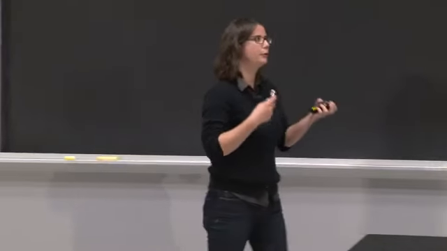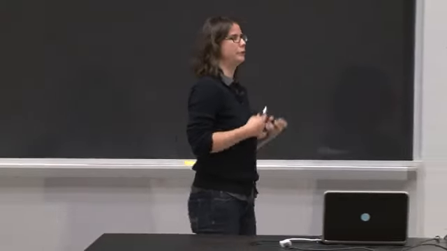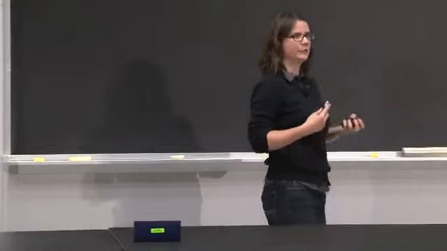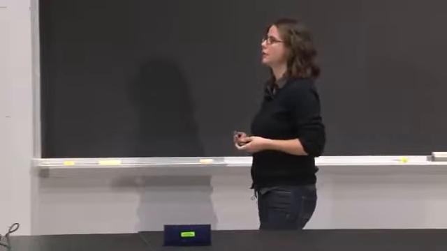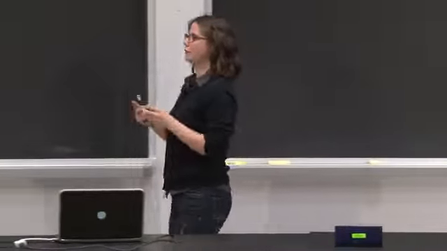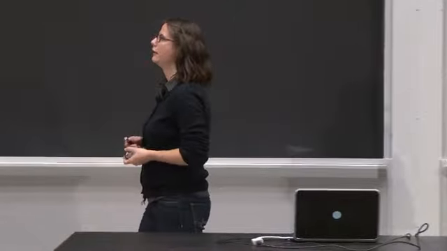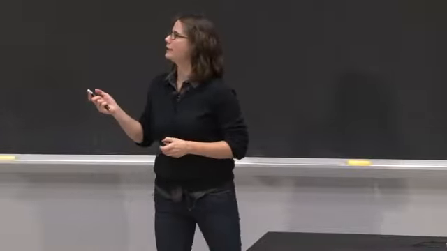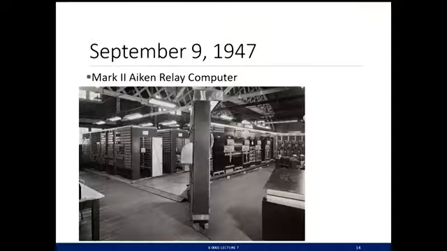Okay, so you've created a test suite, you've tested your program, chances are you found a bug. What do you do now? All right, quick sort of detour into a little bit of history, the history of debugging. So 1947, this computer was built, and it was a computer that was very impressive for its day.